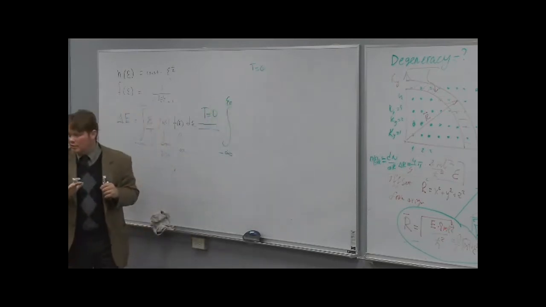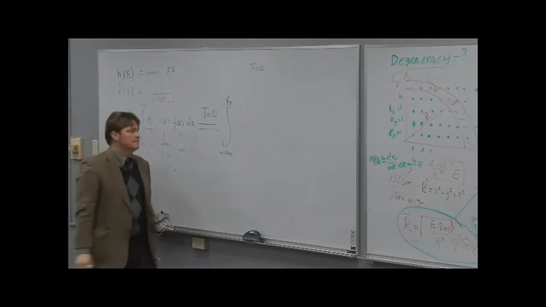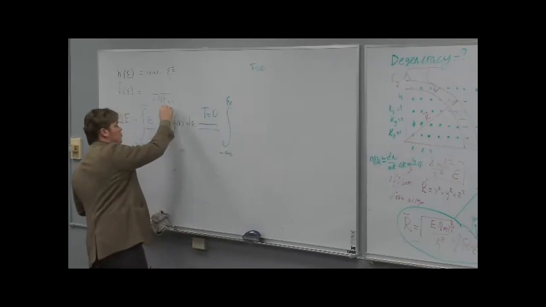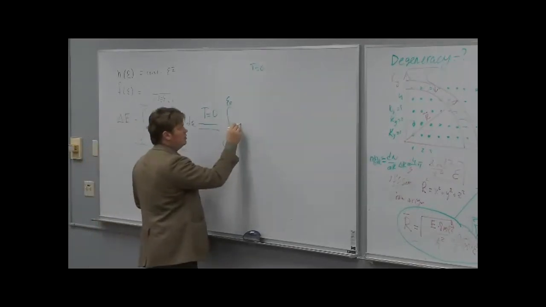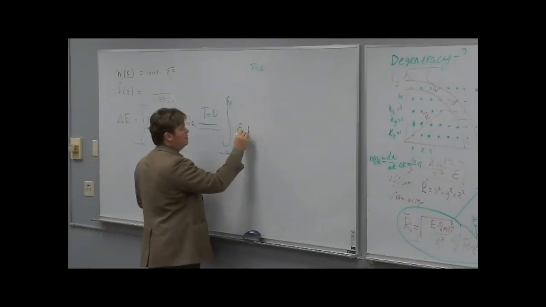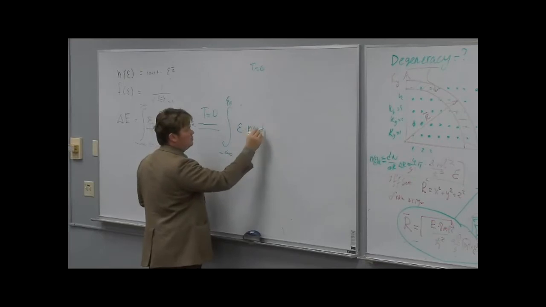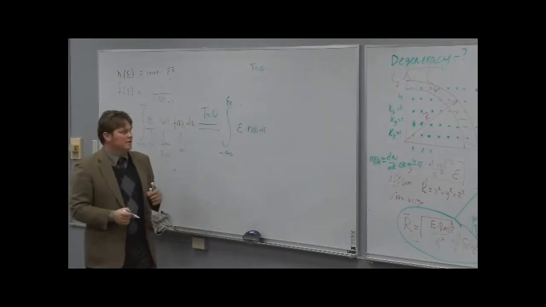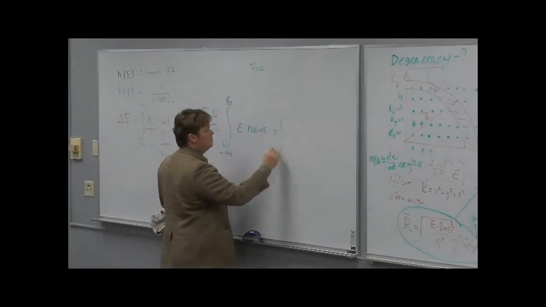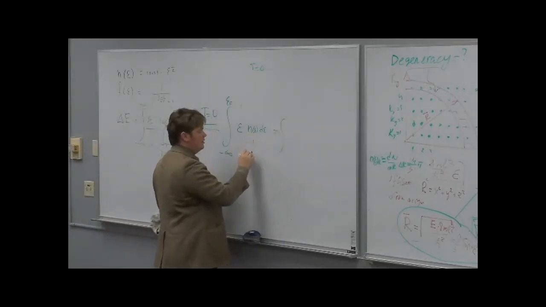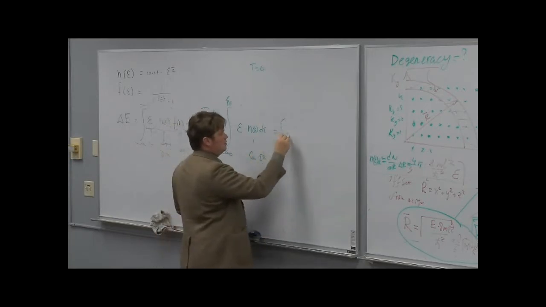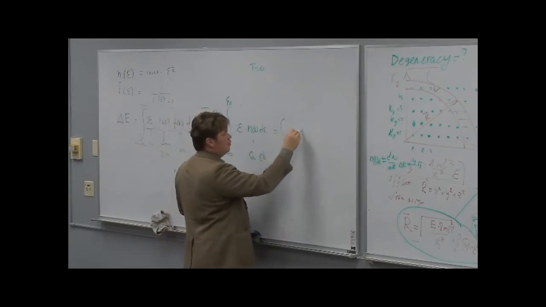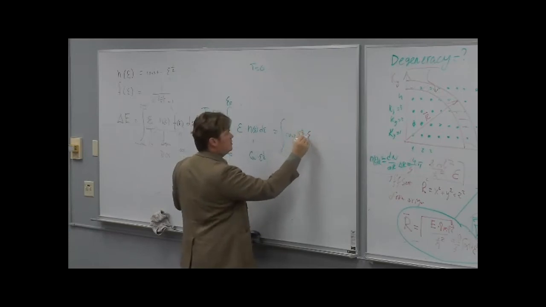So integrate only over occupied orbitals. Then we can remove the distribution, E times n of E, right? And this n of E can be replaced by a constant times E to the power 1/2, times E dE.